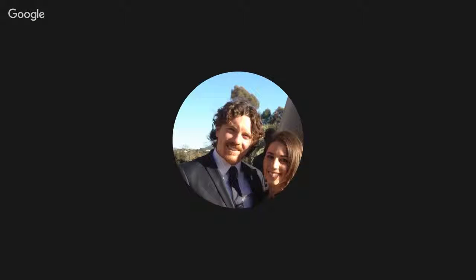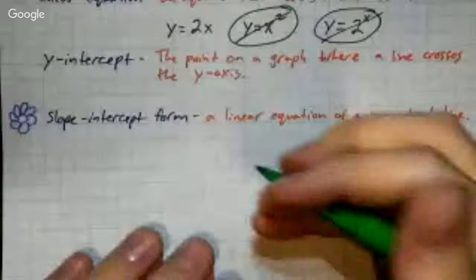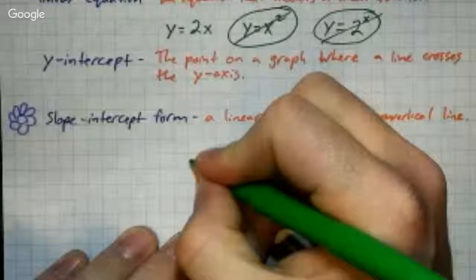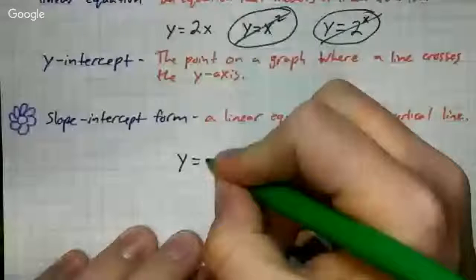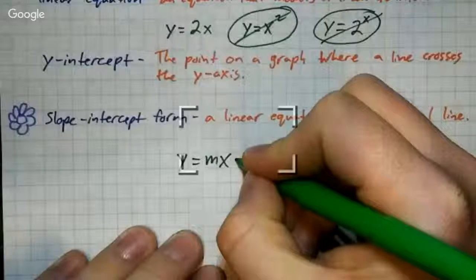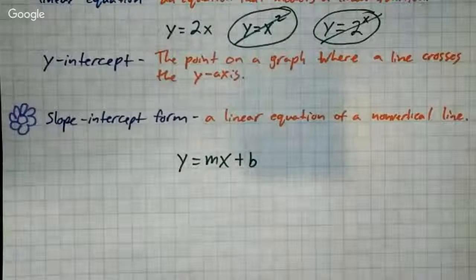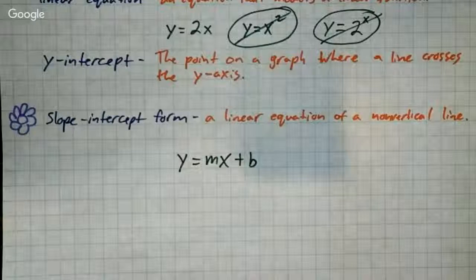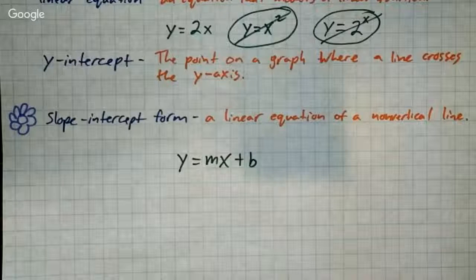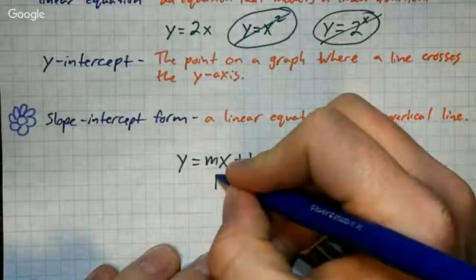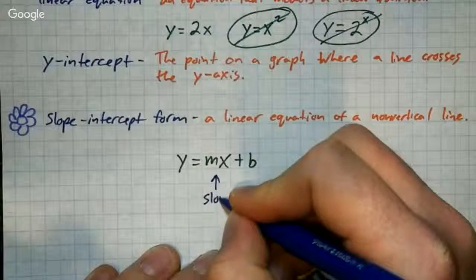The way we write this is y equals mx plus b. Now write that down because that is very important. That is what we call slope-intercept form. It's very important to know what slope-intercept form is. This right here will always represent the slope.